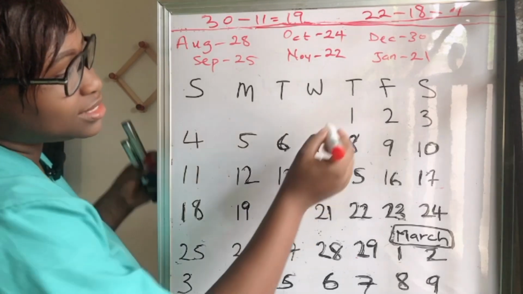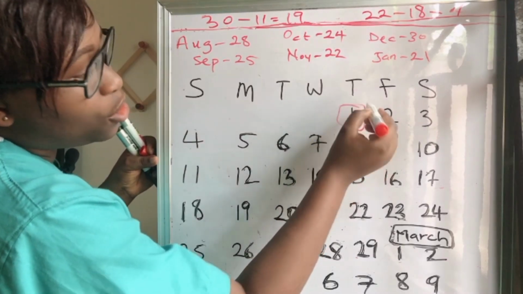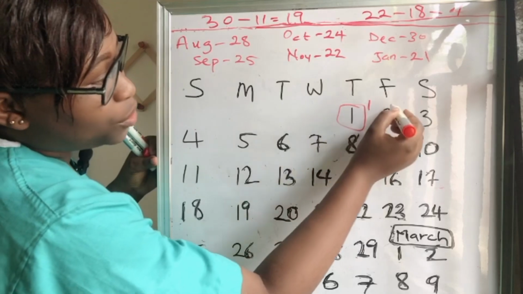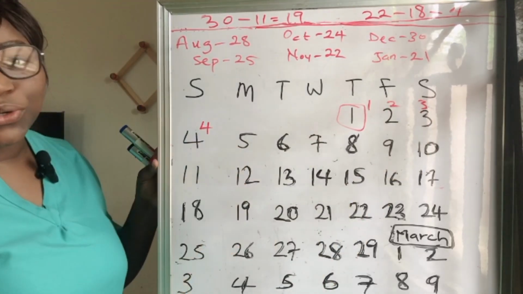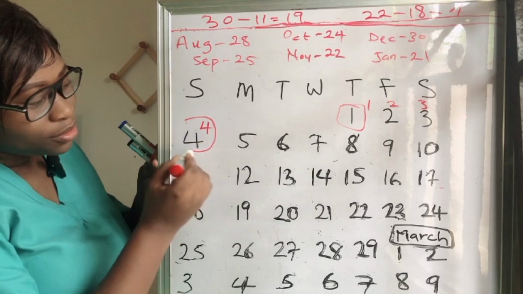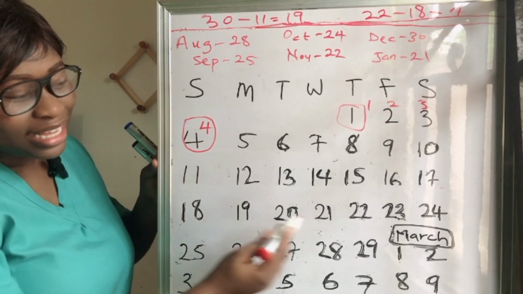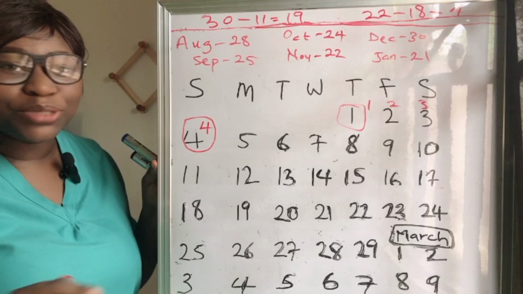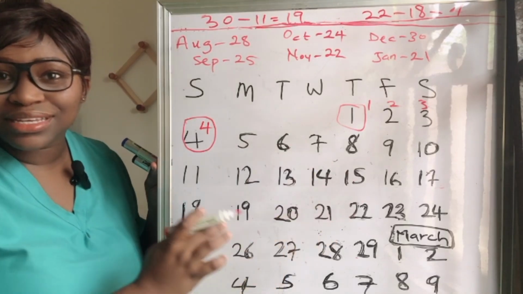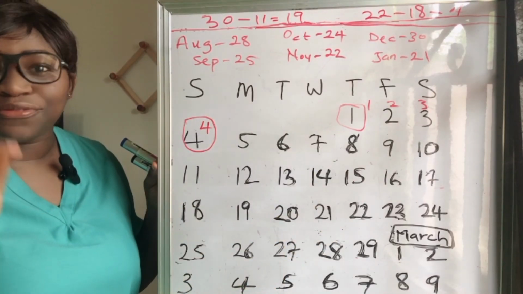Let's take for instance, her period started on the 1st of February, and this is cycle day 1, 2, 3 and 4. She's going to know that from cycle day 4 to cycle day 19 is going to be her fertile days, which means any day outside those days is going to be her safe days.